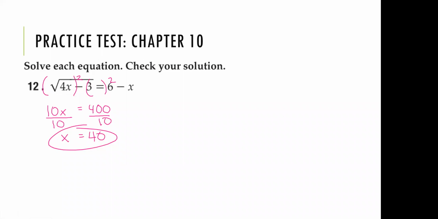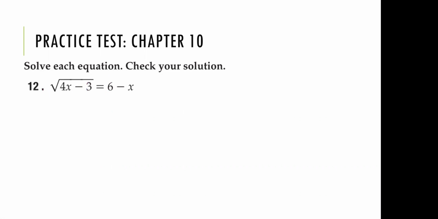Okay, problem number 12. Here, again, I don't have anything around my radical, so I would square both sides of my equation. So that drops off this radical symbol. So I get 4x minus 3, and then I have 6 minus x times 6 minus x. So I use my FOIL method.